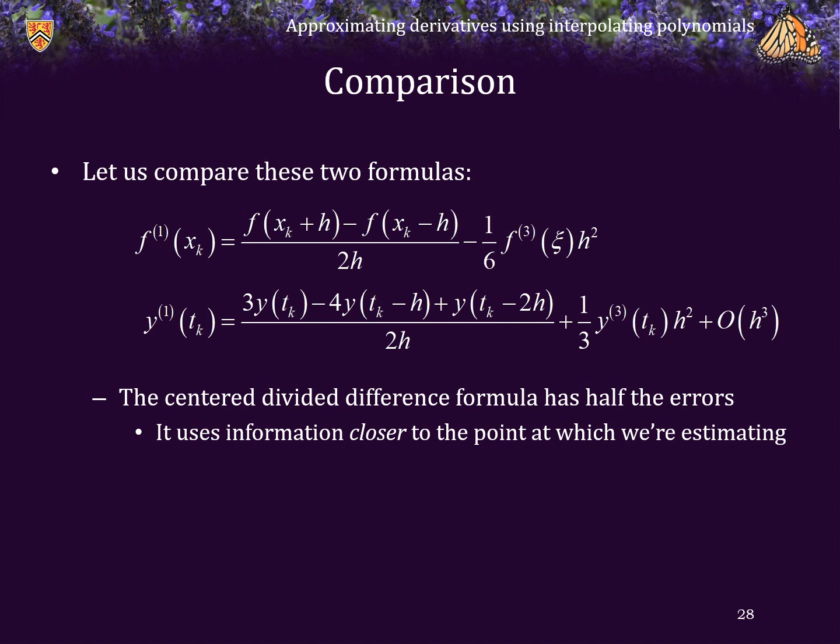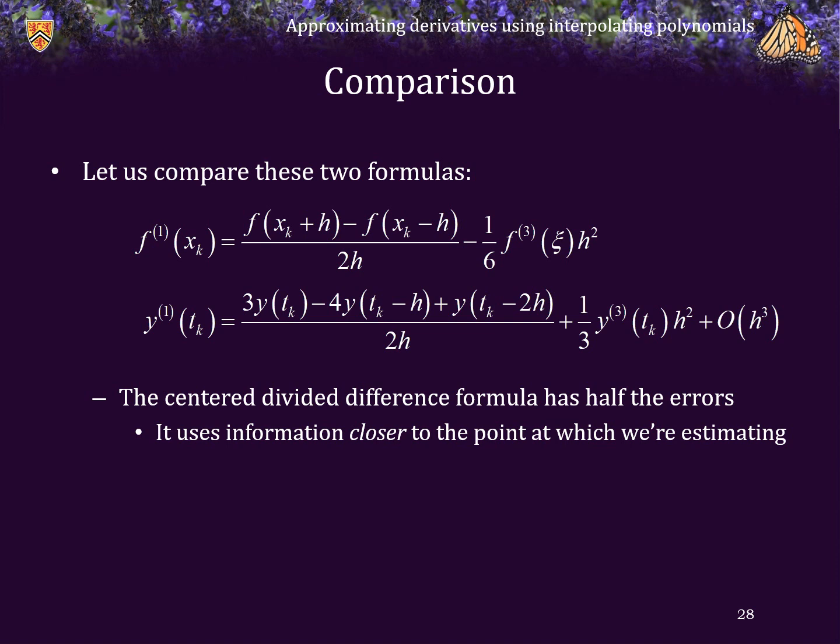if we are dealing in space, we're going to use x, and we assume that we have information about f both to the left and to the right of x. So we can access and evaluate f at x sub k plus h and x sub k minus h.